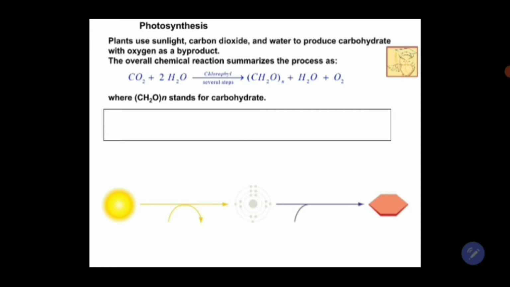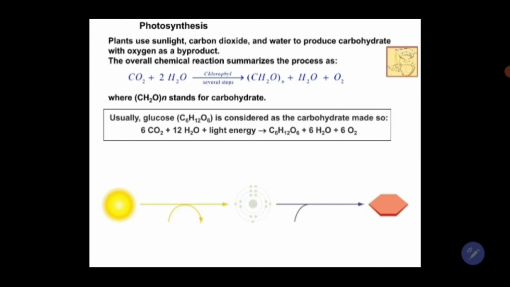The overall chemical reaction summarizes the process as carbon dioxide plus 2H2O, in chlorophyll through several steps, gives CH2O plus H2O plus O2. In the case of photosynthesis, the carbohydrate is particularly glucose, C6H12O6.